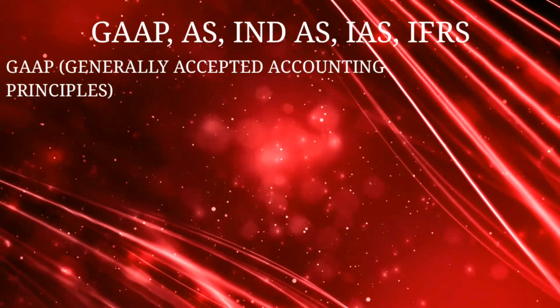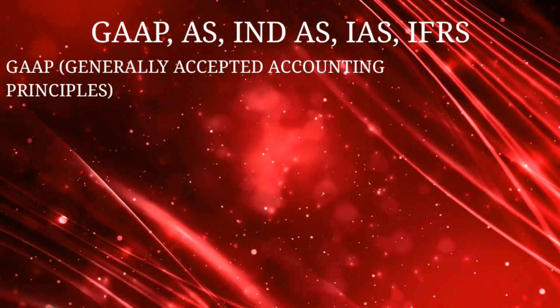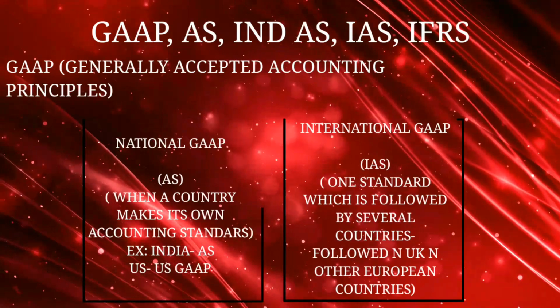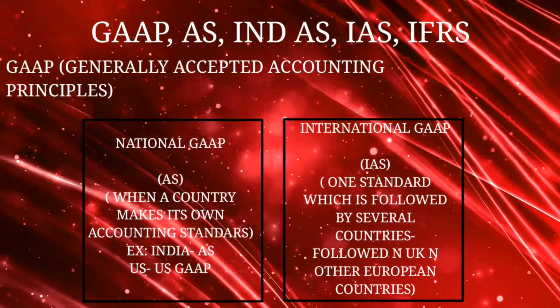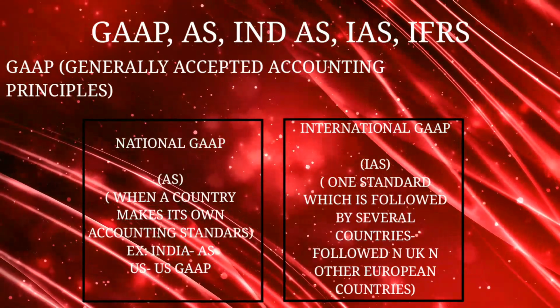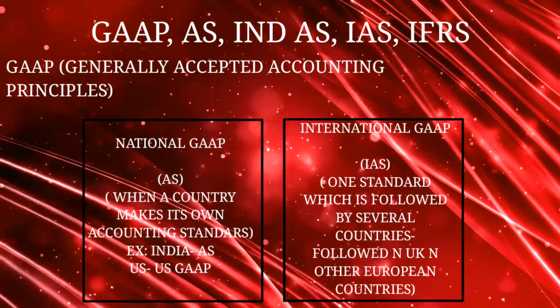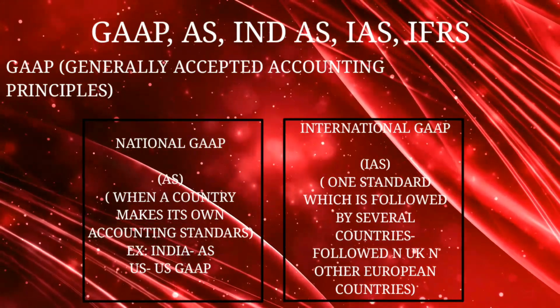Its full form is generally accepted accounting principles. GAAP can be classified into national GAAP and international GAAP. National GAAP, that is AS, international GAAP, that is IAS. National GAAP means National Accounting Standards, that is AS. International GAAP, as the name indicates, is International Accounting Standards.